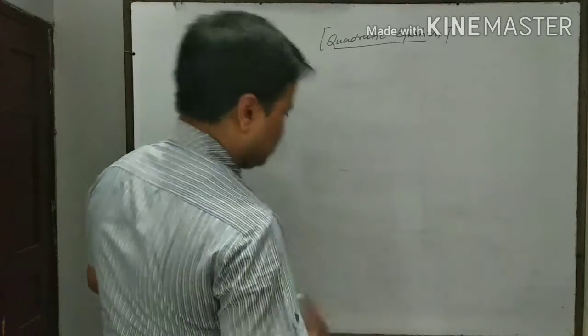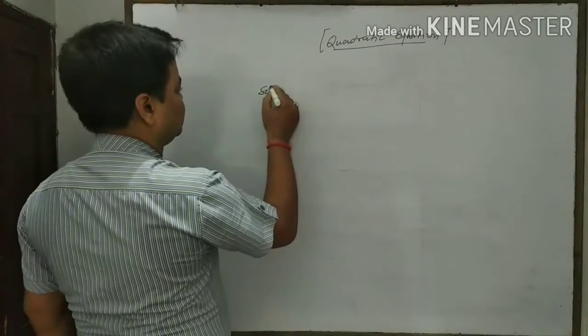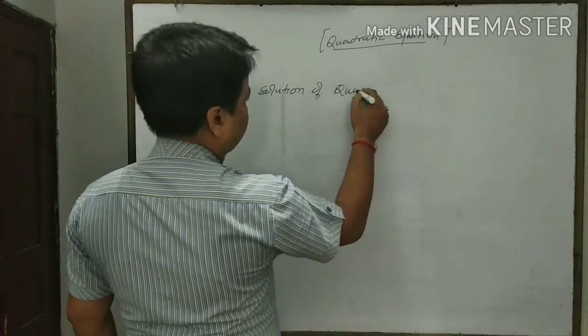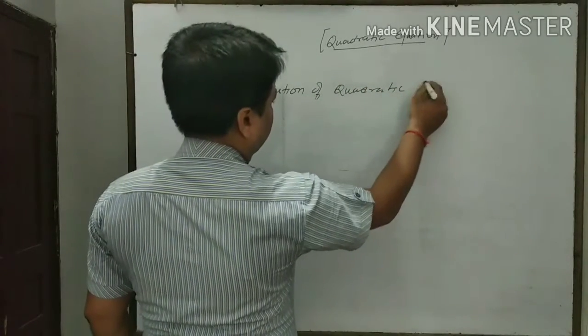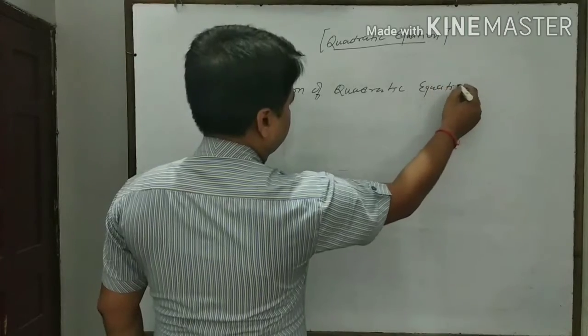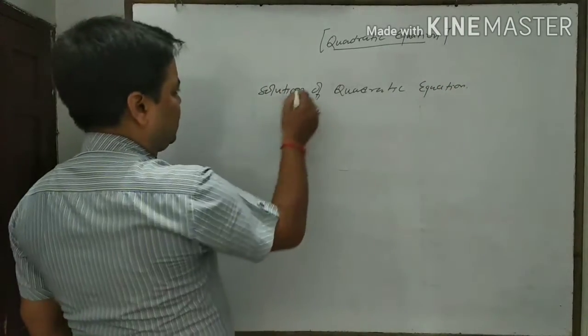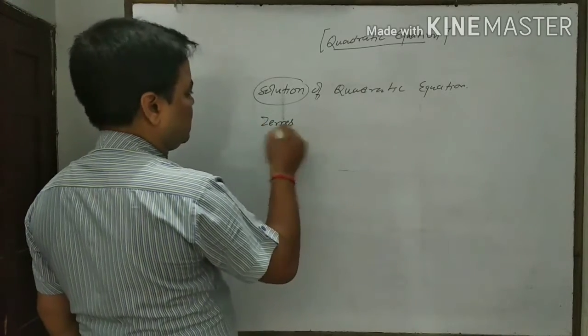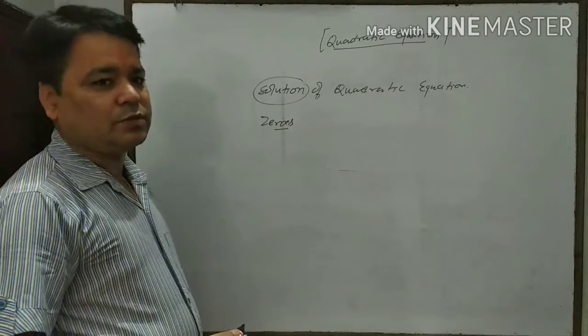Now, let us know about the solution of the quadratic equation, or the zeros of the quadratic equation. Sometimes the solution is called the zeros of the quadratic equation.